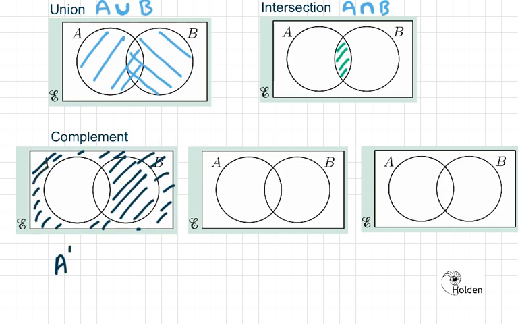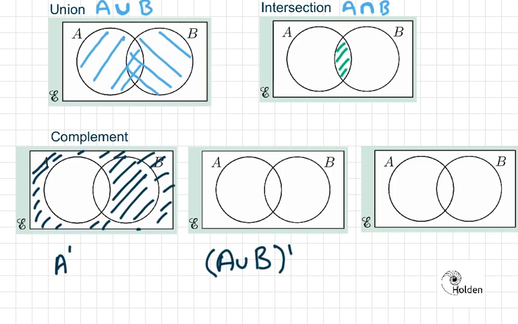So not A is everything that's outside A, like it's the negative of A, the not A. Let's say A unioned with B complement. So everything that is not A unioned with B.